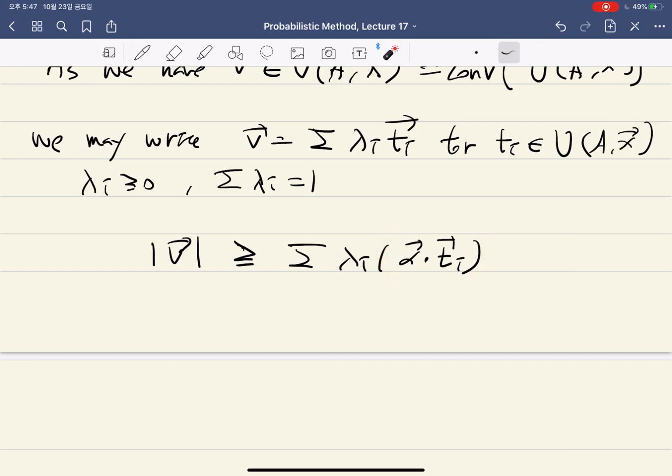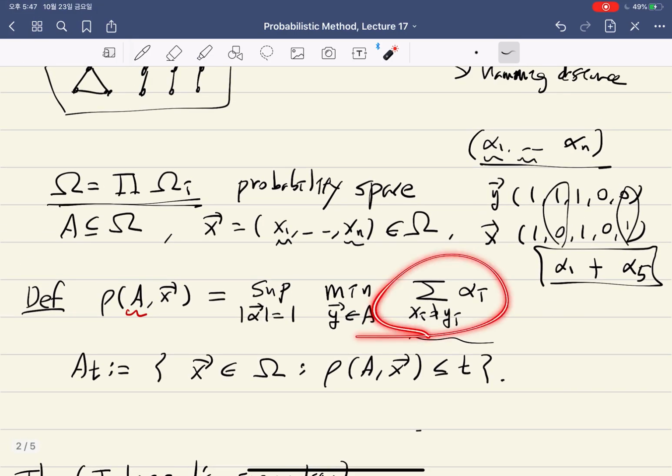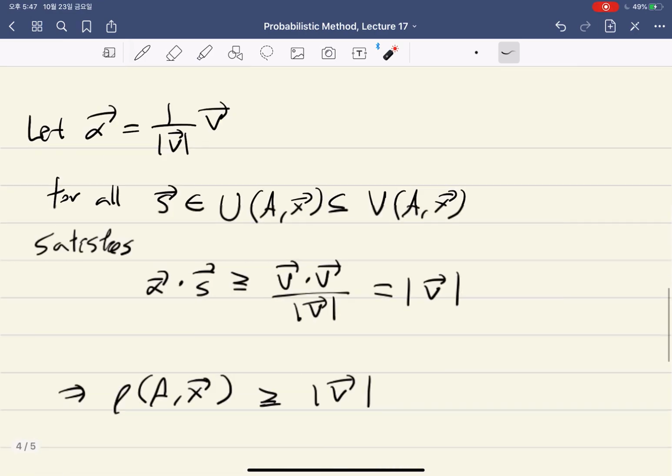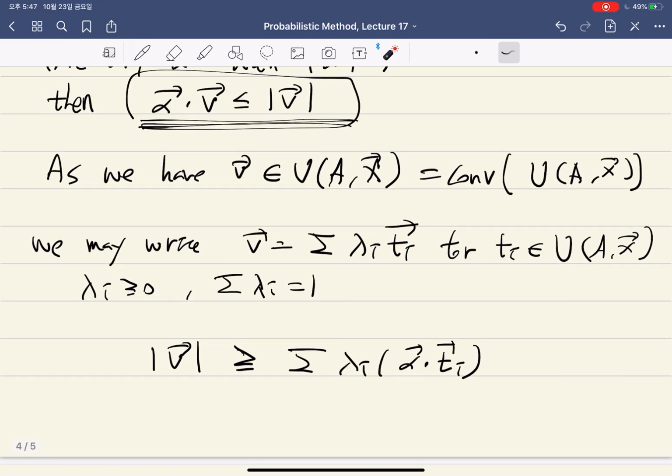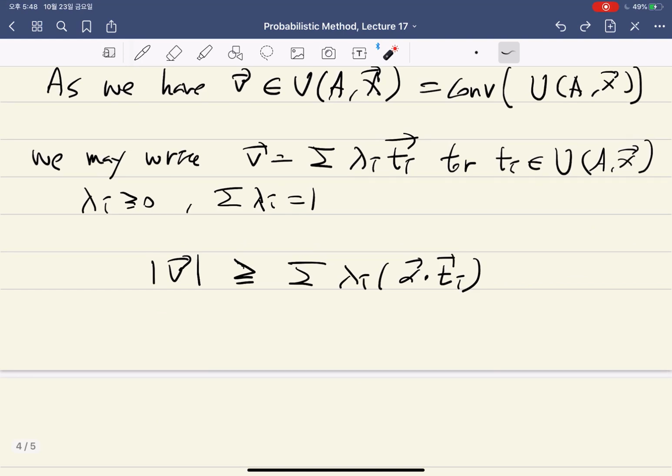Again, we know that the dot product of alpha with T, with the points which lie inside of U, has a meaning. That was this weighted Hamming distance in here. So we have this, but this has no meaning because B might not be corresponding to a point inside of A. So we instead transfer this into the summation of the vectors inside of this U. Now this has meaning.